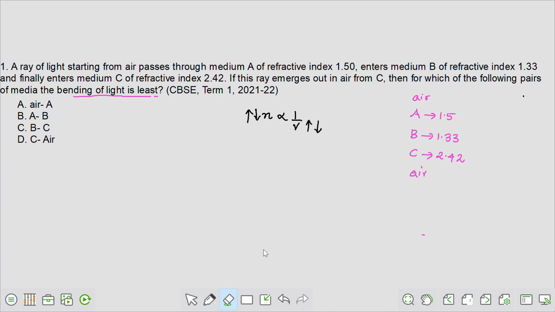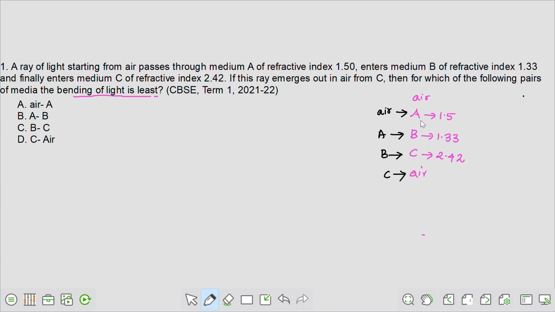Let's understand this case better. In the first case, light is entering from air to A. Second case, A to B. Third case, B to C. Then C back to air. These are the different situations given.